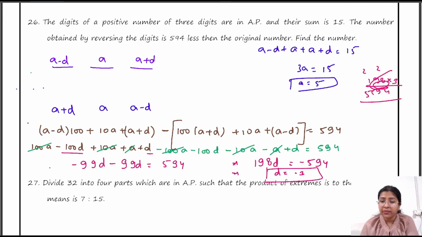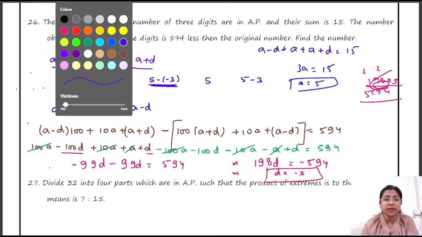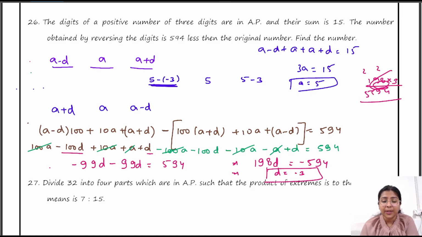Okay, we have the value of A, we have the value of D, we need to find out the numbers. So the numbers will be 5 minus minus 3, this is the 100th position number, 5 and 5 minus 3. So the number is, yes learners, tell me, the number is 852.